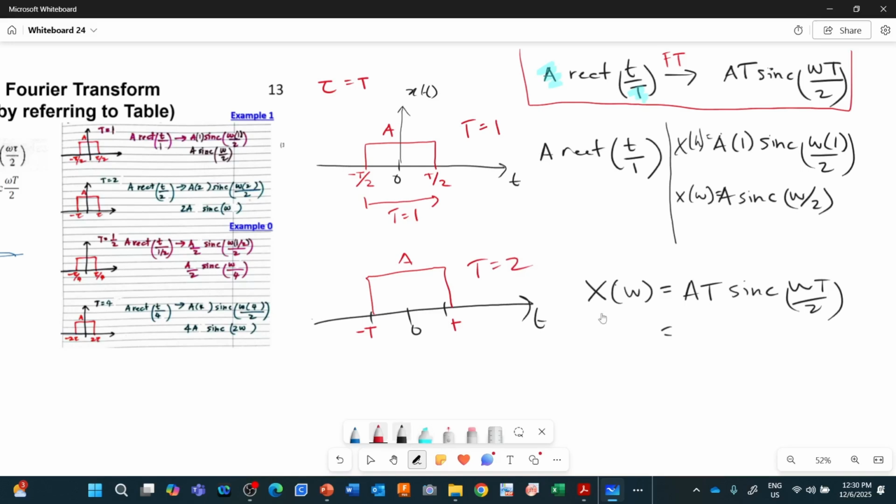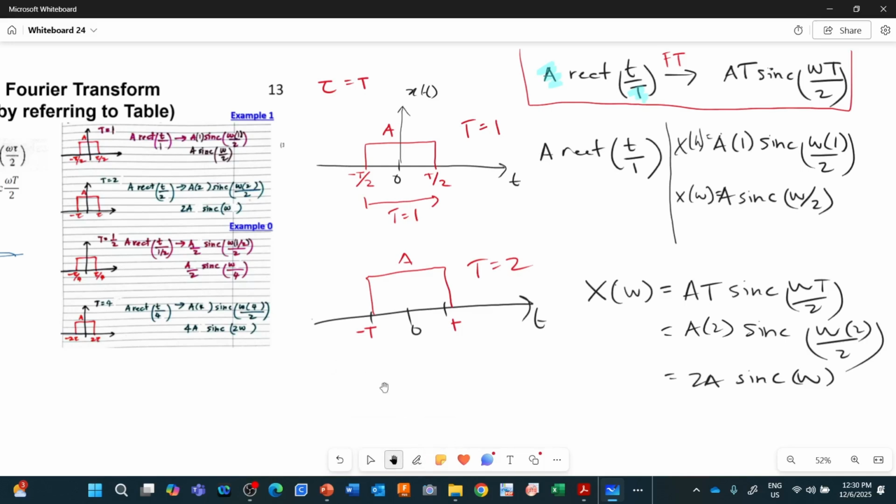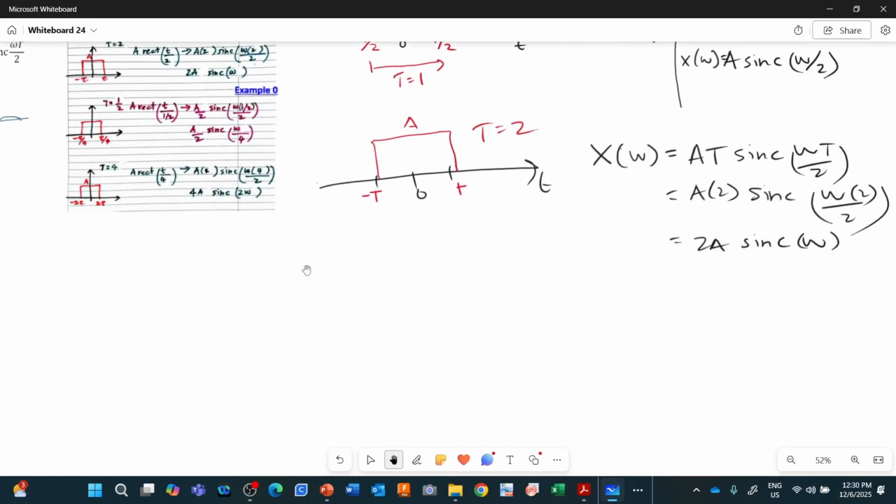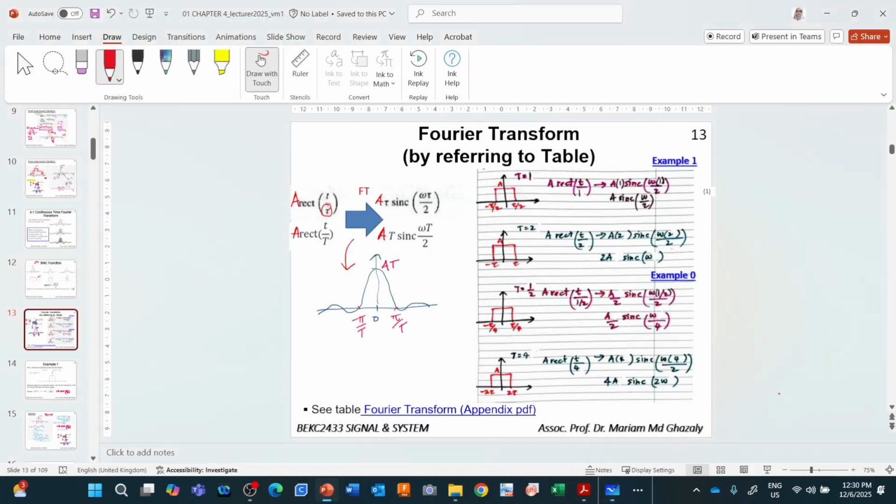So substitute that, you have 2A sinc(omega times 2 over 2). So you get 2A sinc(omega). And so on. Do it on your own. This one is simple.